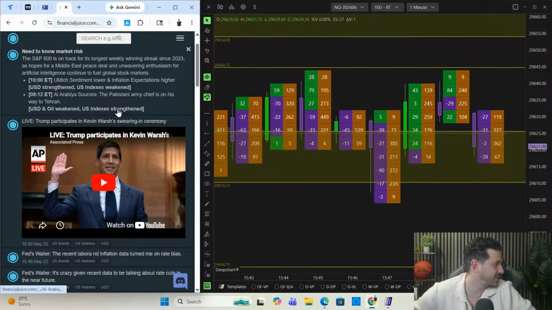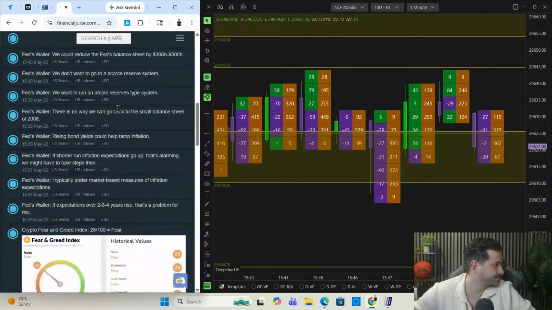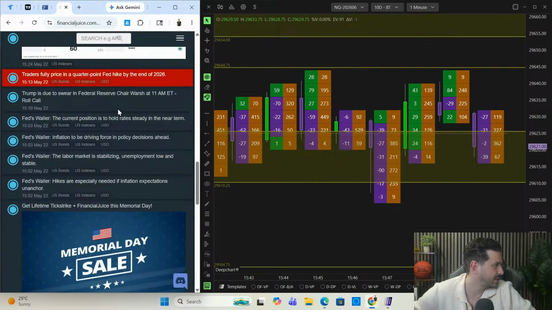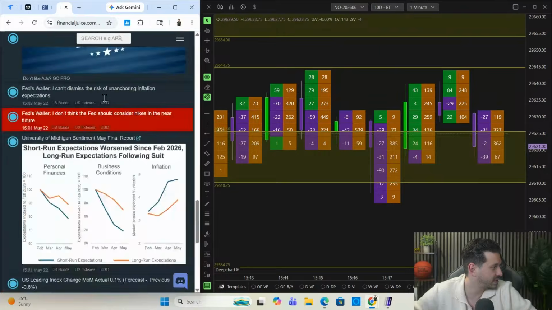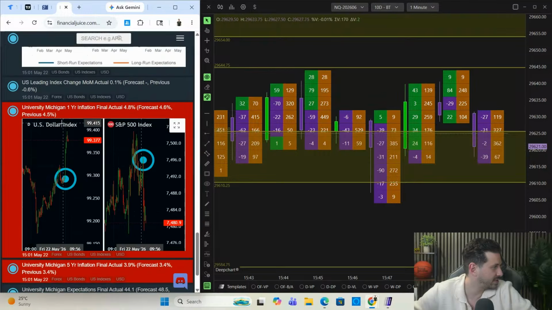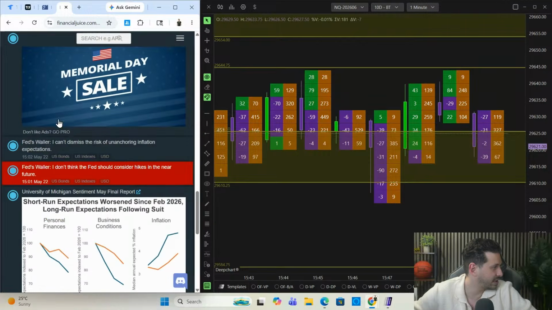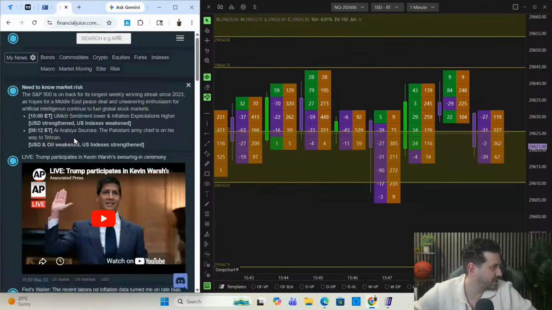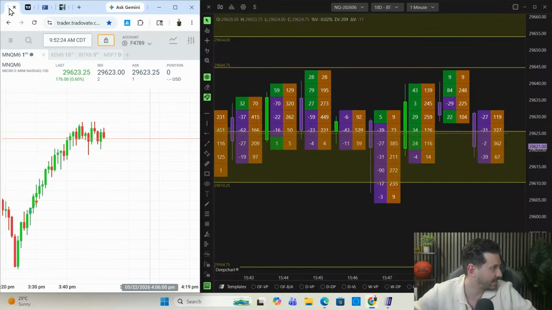Let's see if there's any news. Traders fully pricing a quarter point Fed hike by the end of 2026. Oh, what the hell happened here? Okay, I think the Fed should consider hikes in the near future. Okay, so nothing about the war has come out.